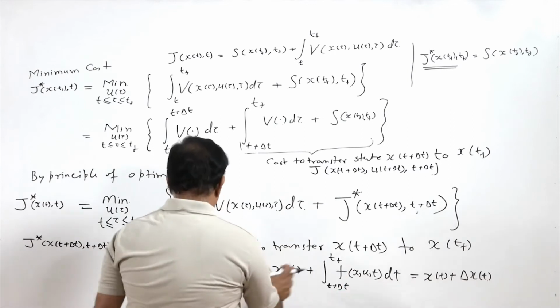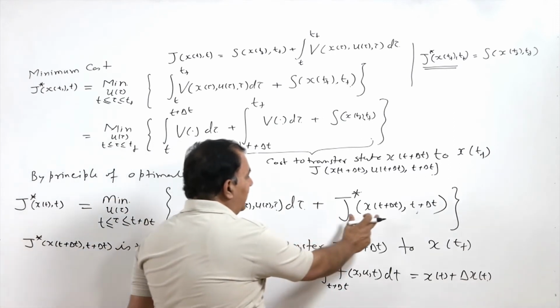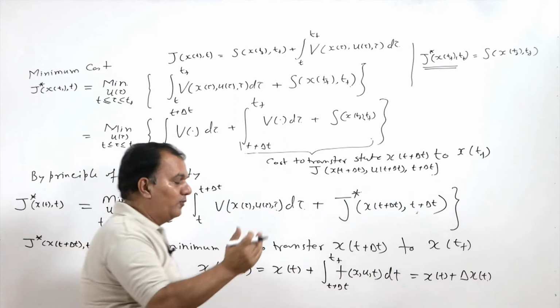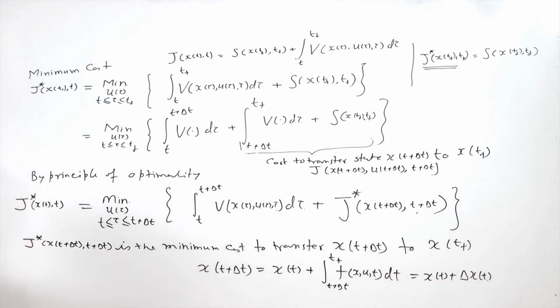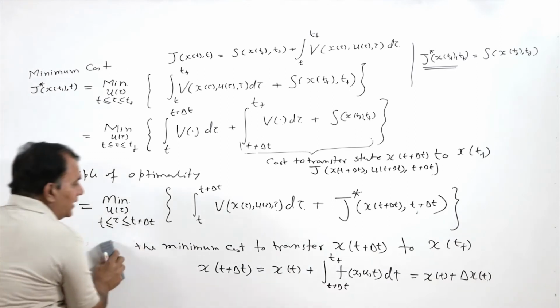So, my initial state is varying, which we can find out by this. So, this is the meaning of my J star x(t + Δt), t + Δt.